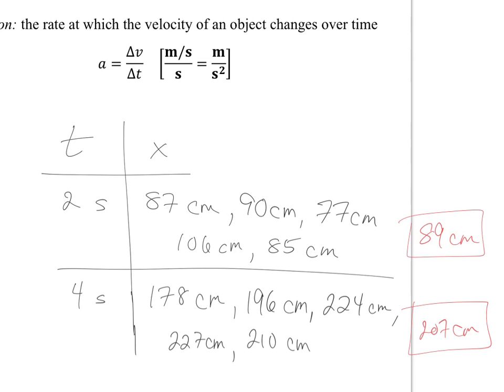That's going to be 111 plus 7, 118 over 2 seconds again. That's going to be 118 divided by 2, which is 59 here. So we got 44.5 centimeters per second and 59 centimeters per second as the average velocity.